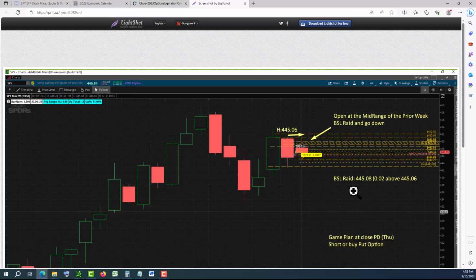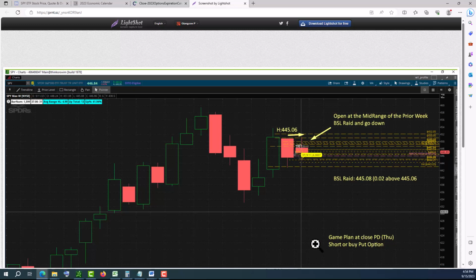It doesn't mean a market structure shift. It means it raided liquidity in order to reset and go to the sell program, which is going to come down.